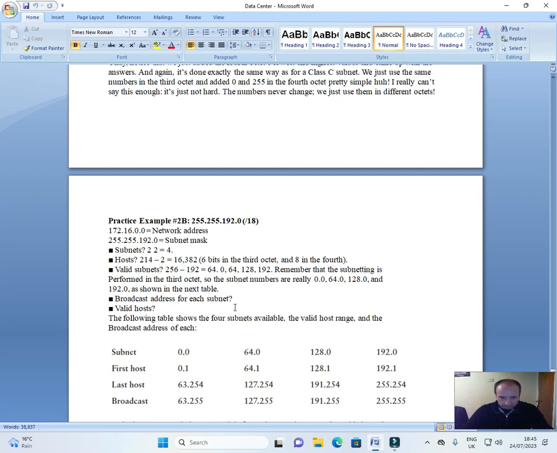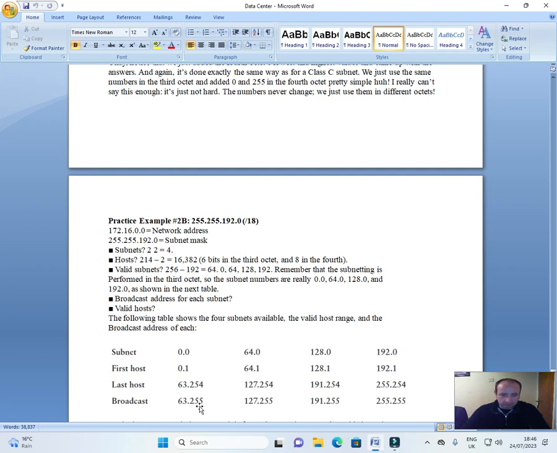Broadcast address for each subnet. Valid hosts. The following table shows the 4 subnets available, the valid host range and the broadcast address of each subnet. Subnets: 0.0, 64.0, 128.0, 192.0. First hosts: 0.1, 64.1, 128.1, 192.1. Last hosts: 63.254, 127.254, 191.254, 255.254.